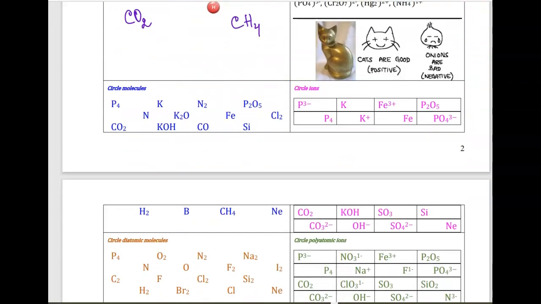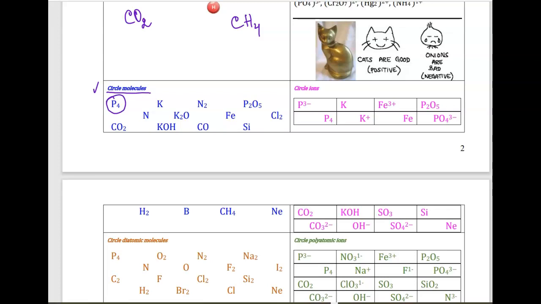so let's do this assignment. So the first one, you need to circle molecules. To circle molecules, you need to find molecules where only non-metals are, and where there are subscripts. So, like P4. P4 is a molecule.